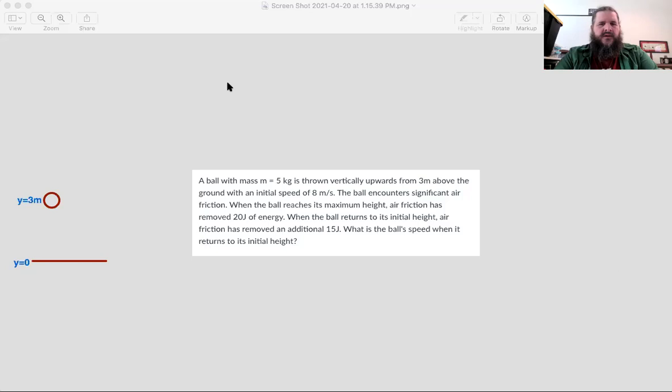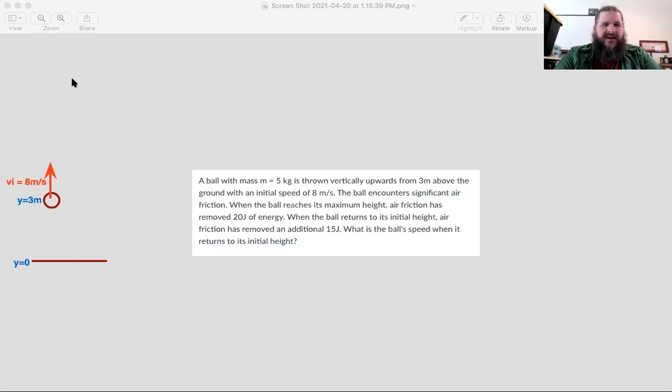Initial height? Right. We know that it starts off going on its way up at an initial speed of 8 meters per second. And we know that it's going to go up, reach some maximum height, and then fall back down, passing through its initial height 3 meters on the way. So let's say it reaches some final height.